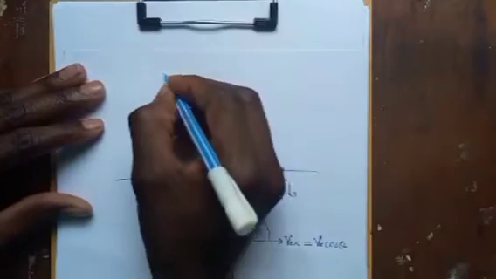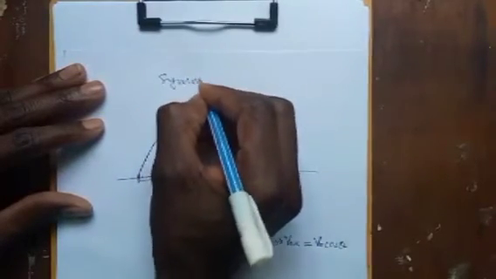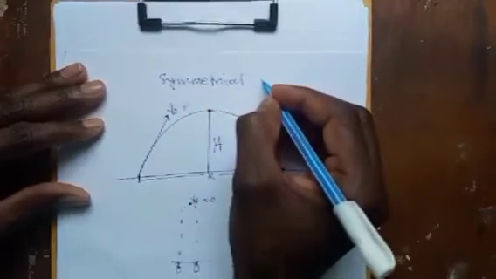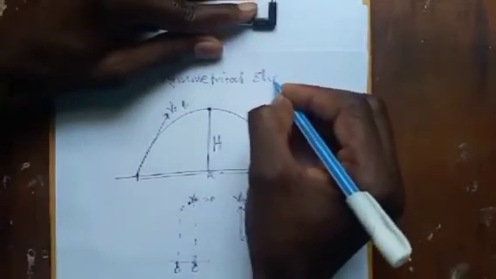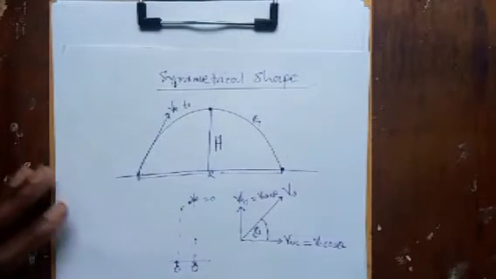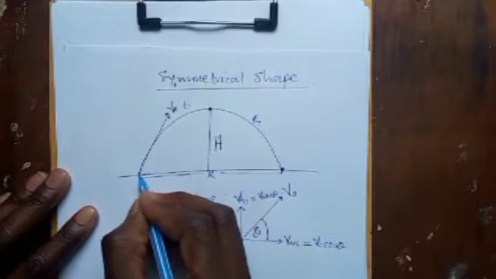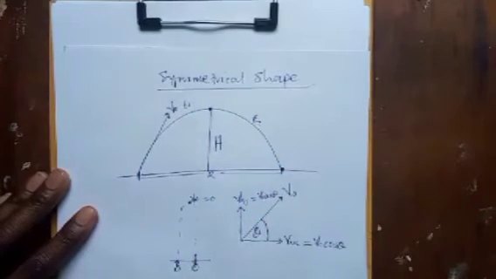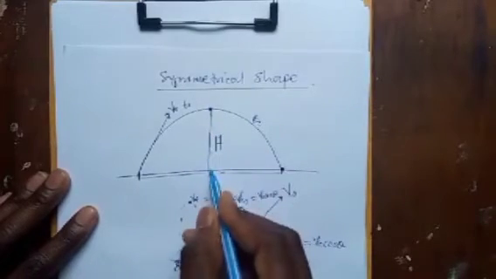By the way, this is a symmetrical shape. That is my symmetrical shape, something like that. A symmetrical shape means something which is formed like a half of a circle. But a quarter of a circle is not a symmetrical shape.